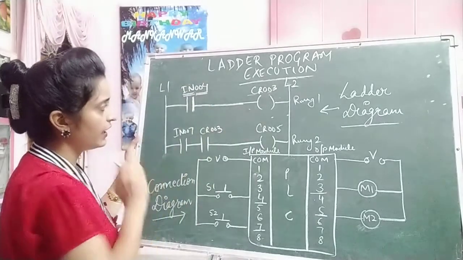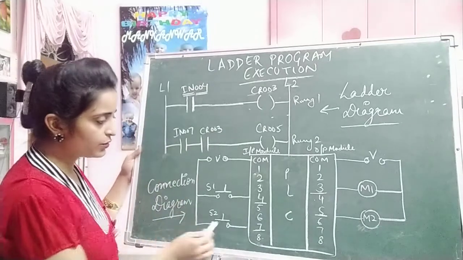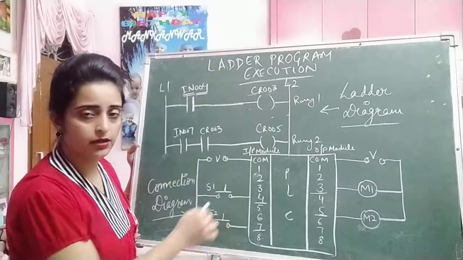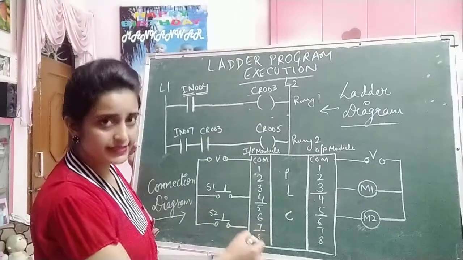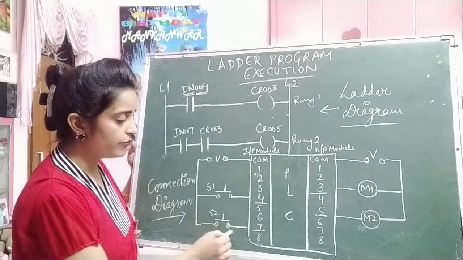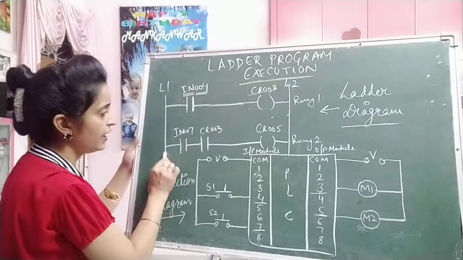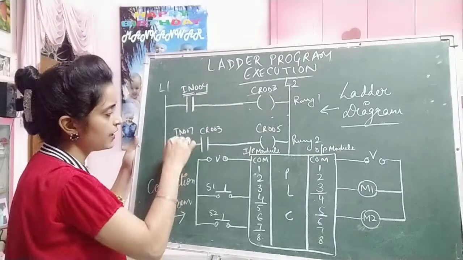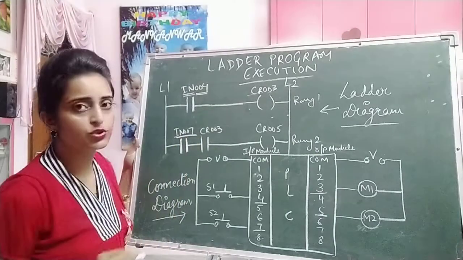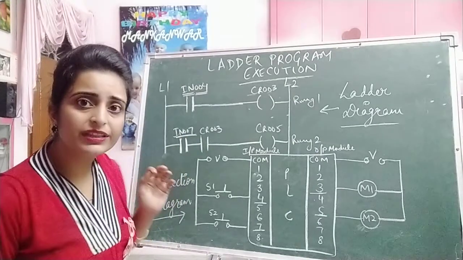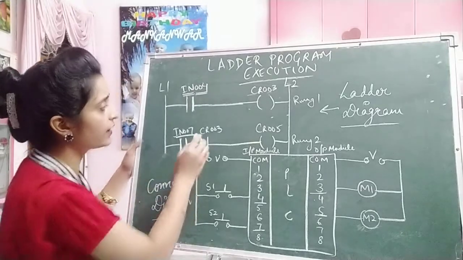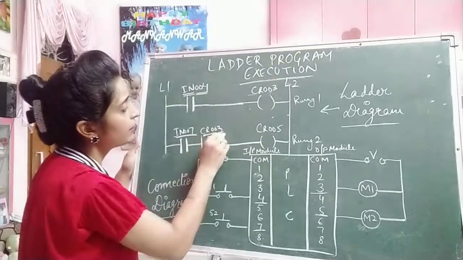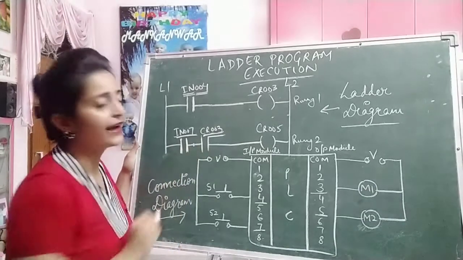Then, at pin number 7, or terminal number 7, we have another switch S2, and we are using this as an input IN007. But along with that, we are using an AND logic.